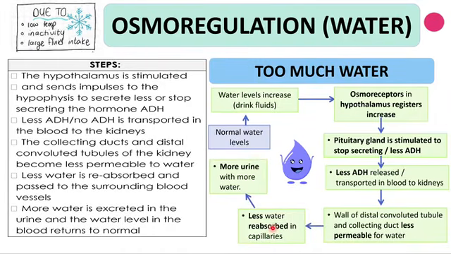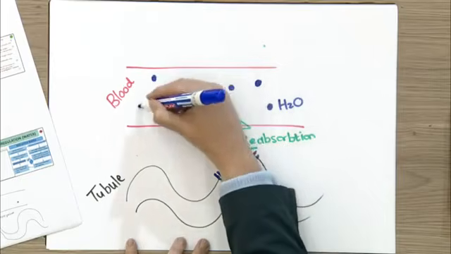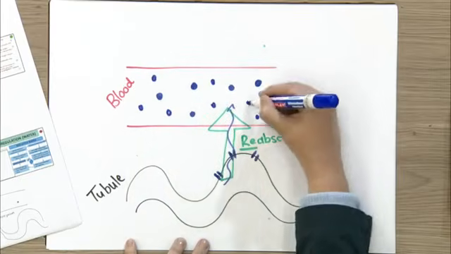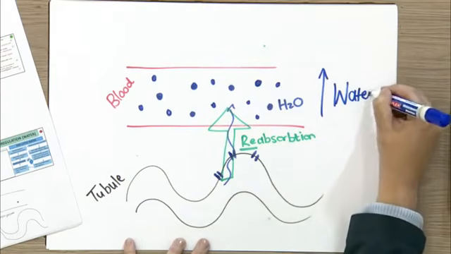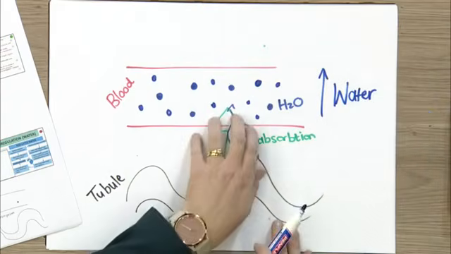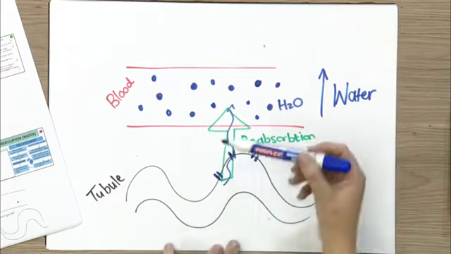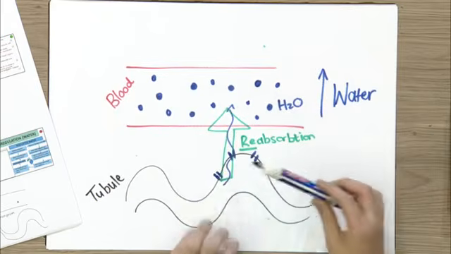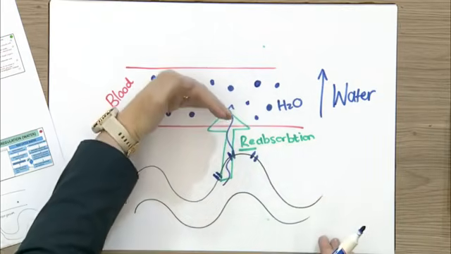Quickly have a look back at my drawing. Let's say in this situation there's a lot of water in the blood. We don't want more water to be added into the blood. The water can't move out of the blood; it can only be reabsorbed by moving into the blood.